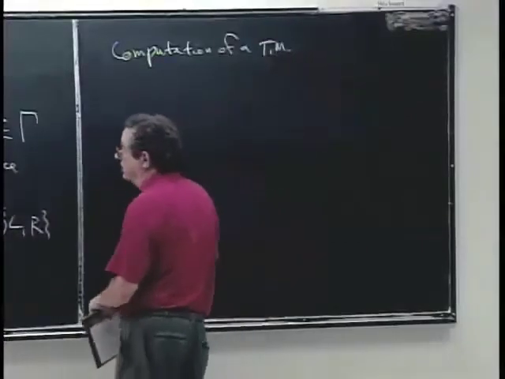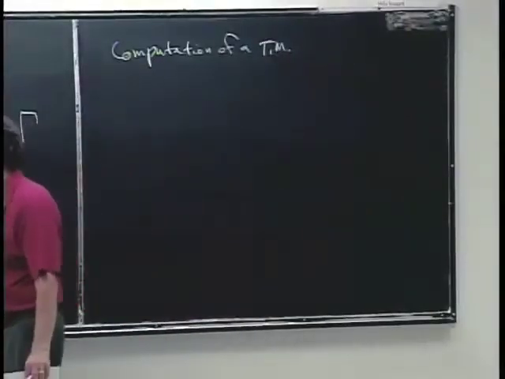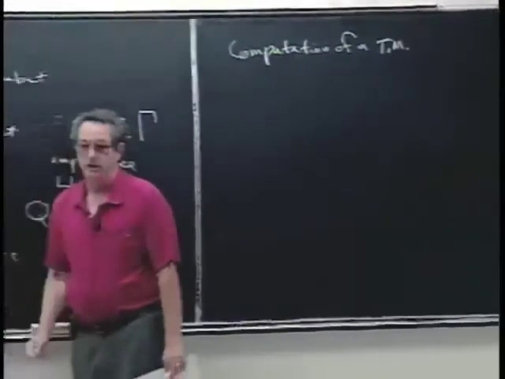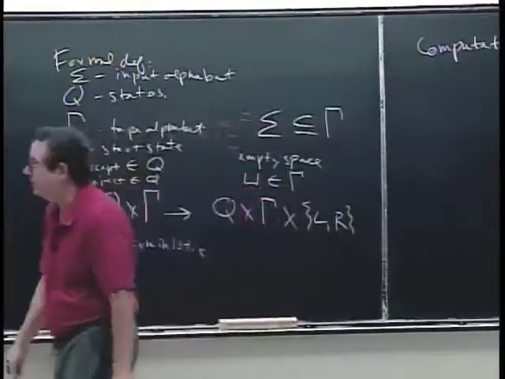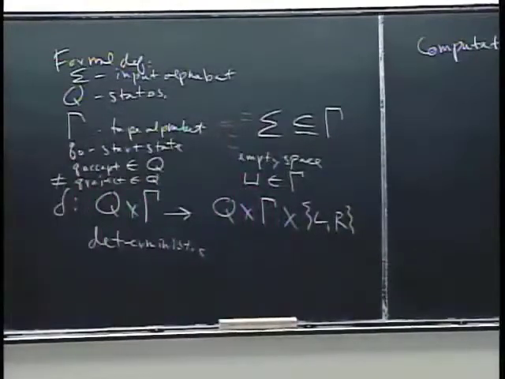I said a minute ago that you start in the start state, of course, and we know where the read head is at that moment. The read head is on the left end of the input.